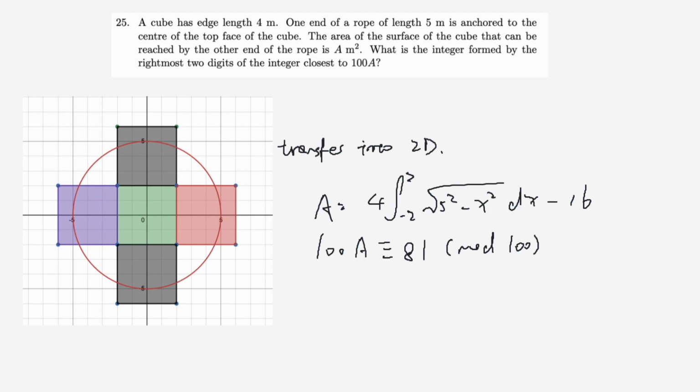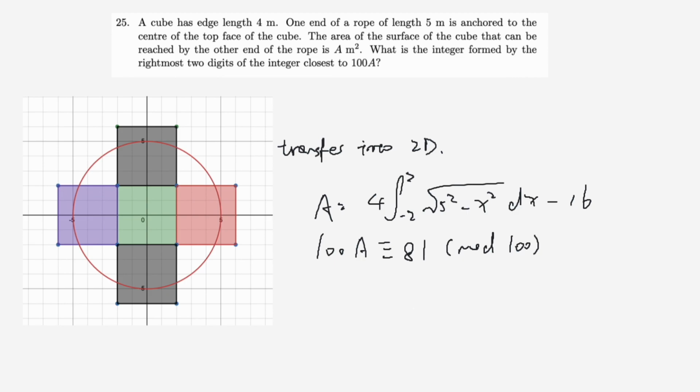The first thing we can do with this question is to transfer the diagram into 2 dimensions, which you can see on the left of your screen. And you can plot it on the coordinate system so that it's easier to solve. I used calculus for this question.